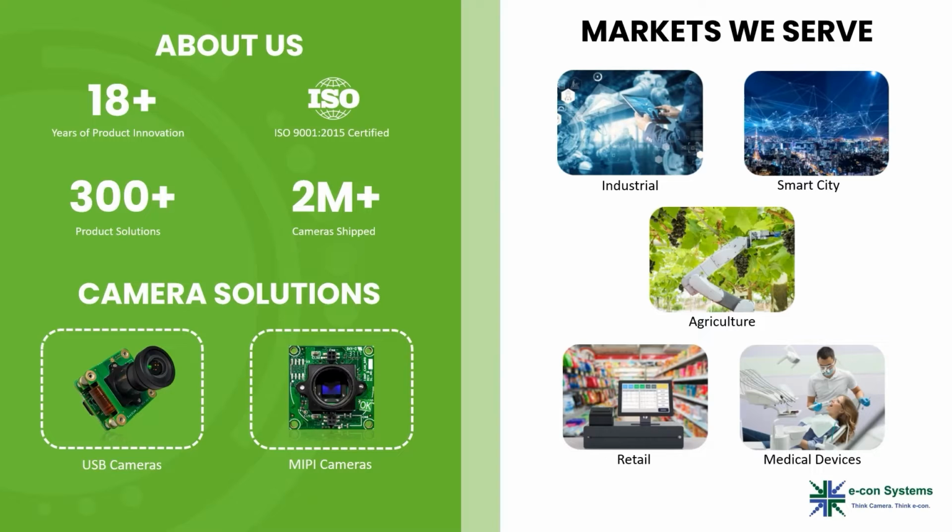Econ offers USB 3.0, MIPI and GMSL cameras for embedded vision applications and provides camera solutions across various markets like industrial automation, smart city development, agriculture, retail applications like smart checkout and biometrics, and medical use cases like life sciences, point of care devices, etc.